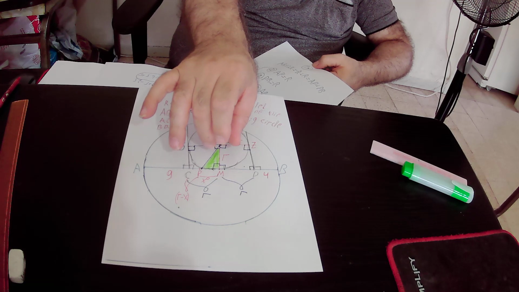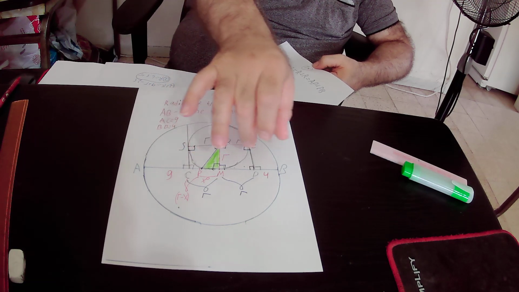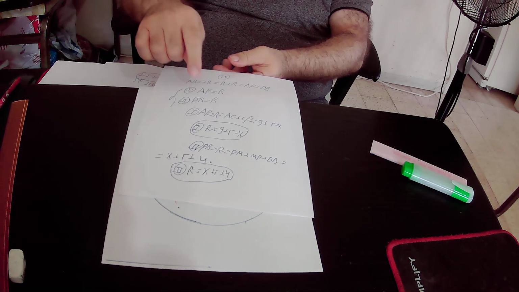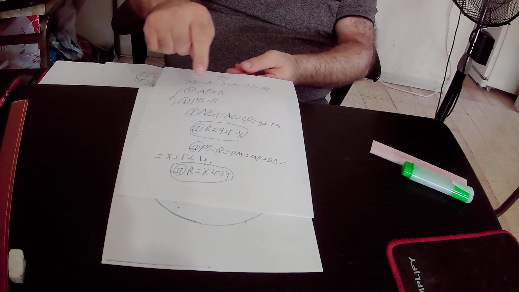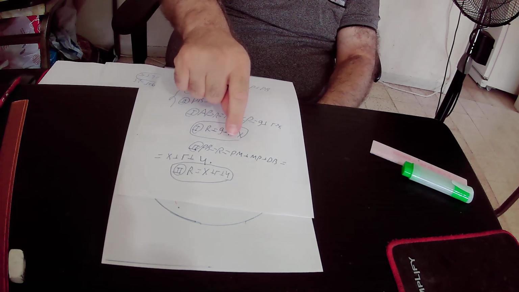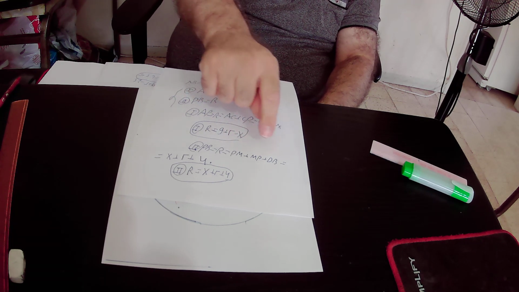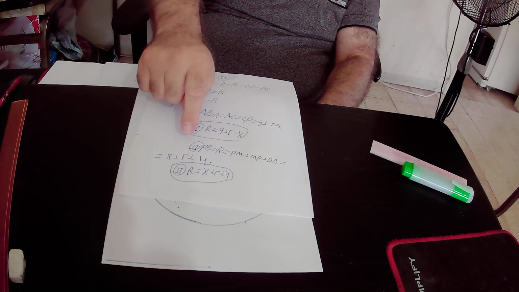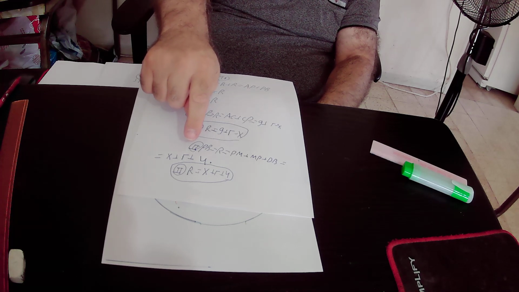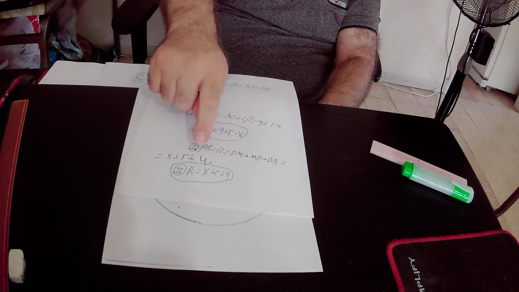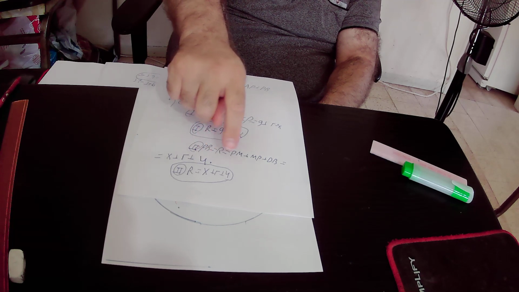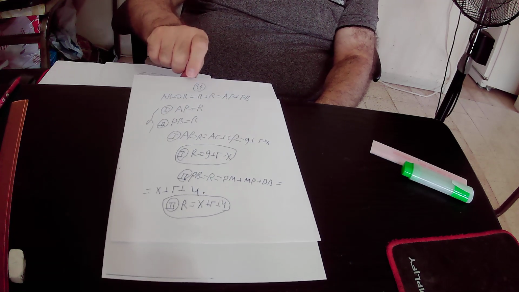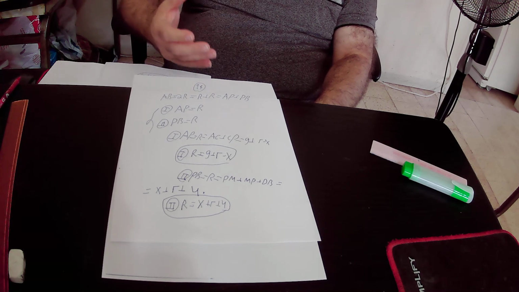PB equals PM plus MD plus DB. So we got that the radius of the big circle according to equation number 2 equals X plus R plus 4. Okay, so we have two equations for the radius of the same circle.